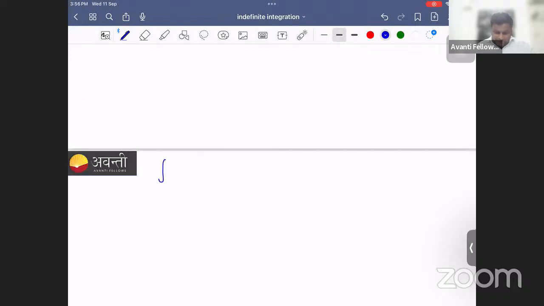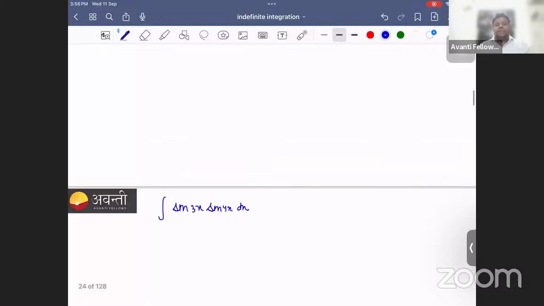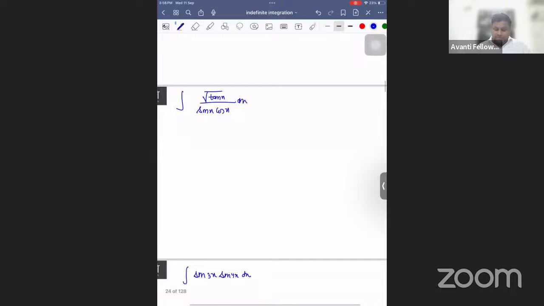Then integration of sin 3x sin 4x dx. That's it. These are 4 to 5 questions. You try them on your own. And whenever we catch up in the next lecture, I'll start with the discussion of these questions first.